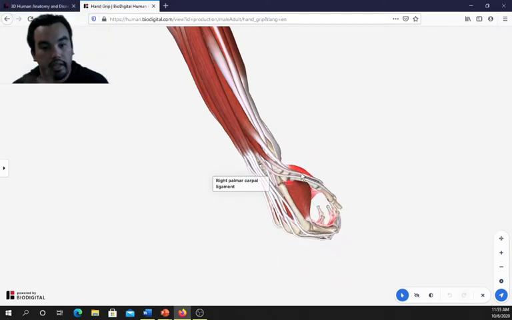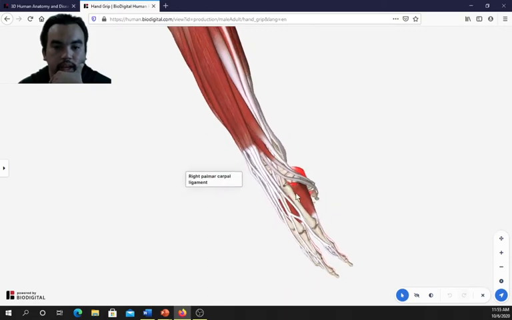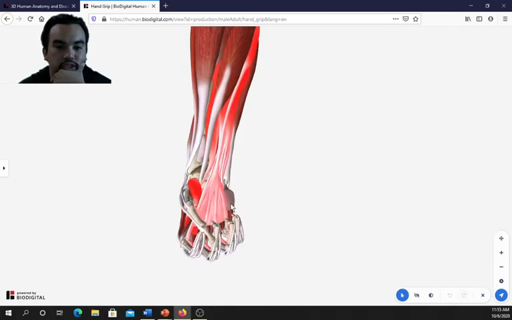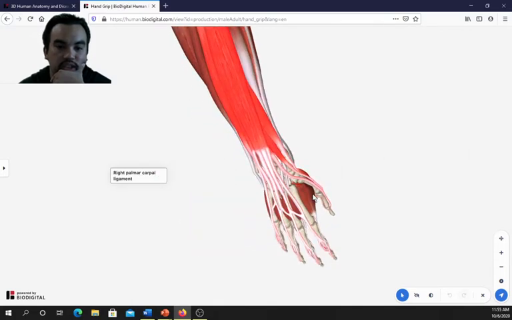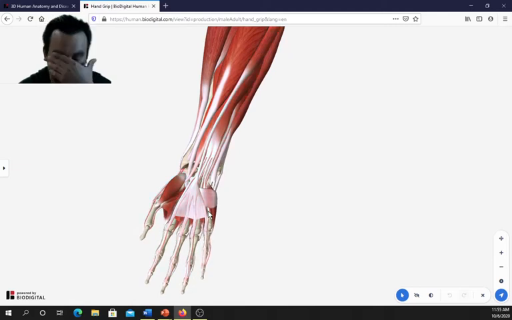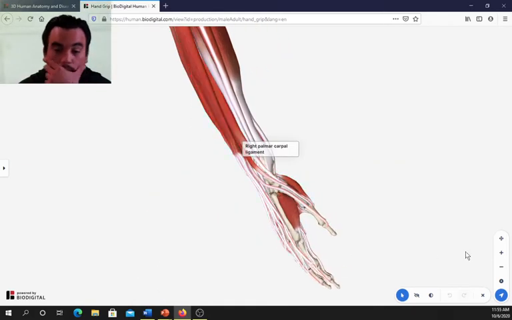You can see how it highlights what muscles are actually being flexed as we do each motion. As it goes into flexion, these highlight, and as we extend it, these highlight. And then you see the flexor pollicis happening, and then the extensor pollicis happening.